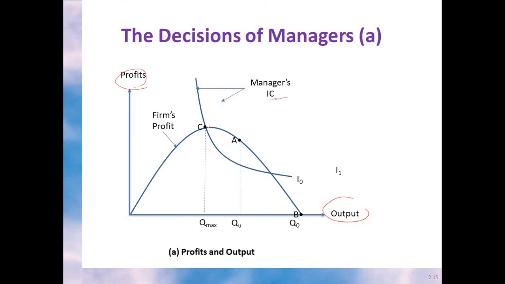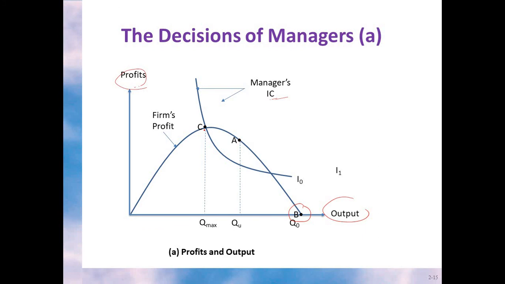So if, for example, the managers want to target the highest output, the highest output will be at B.